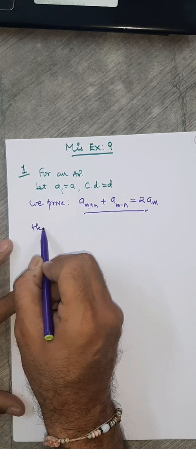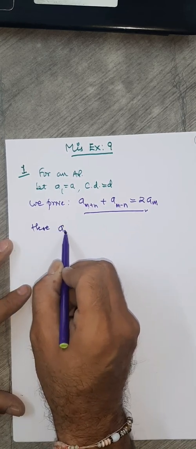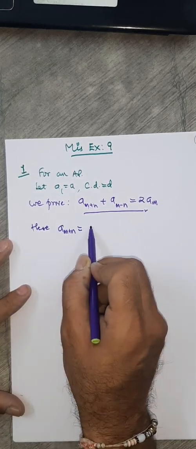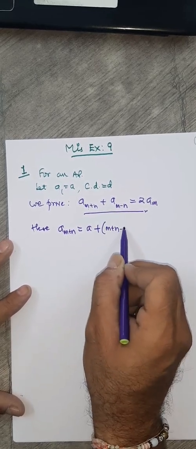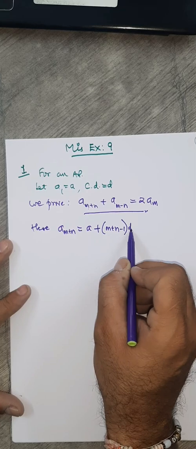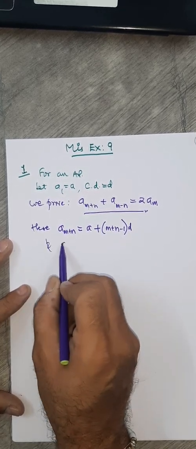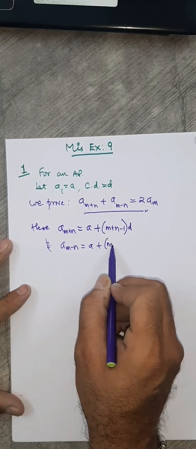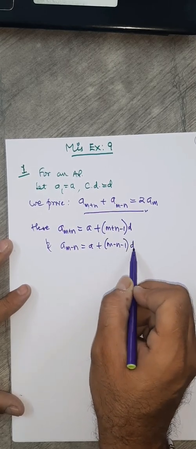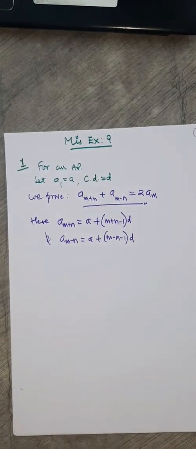What is a_{m+n}? That equals a plus (m plus n minus 1) into d, and a_{m-n} is a plus (m minus n minus 1) into d. You know the nth term formula for an arithmetic progression.